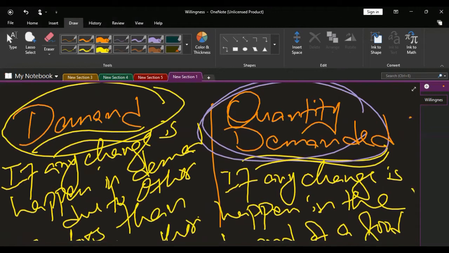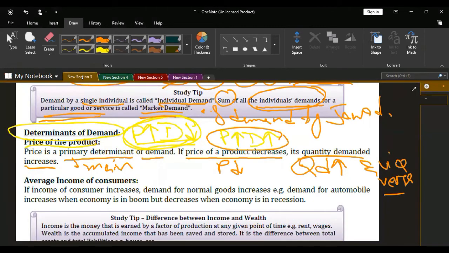So, hope the concept has been well explained. Here the change has been due to change in the price of the product. Therefore, it is the change in quantity demanded.